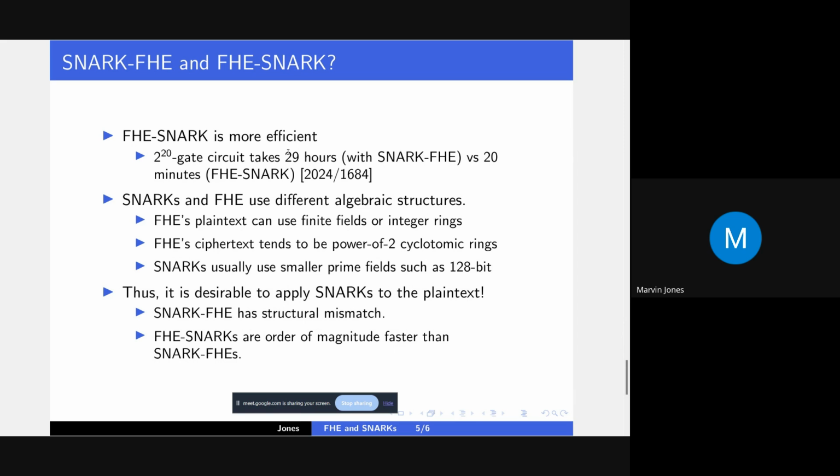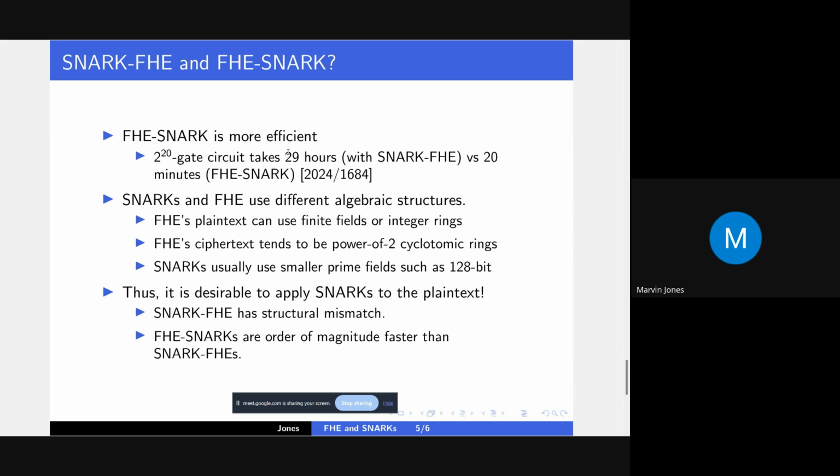So it's not quite working with the plain text, but it's working with a commitment to the plain text, which is perfectly fine, because most of the snarks deal with bilinear pairings or other nice structures where that plain text field element is in the exponent of a group element. So the snark can work with that. And that's why FHE snark is going to be so much faster.